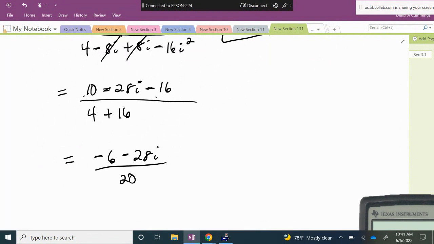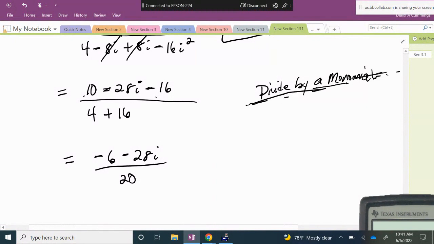All right, now from this point, I want to simplify, but I want to use this formula, right? It's dividing by a monomial, and it says that a plus b over c is equal to a over c plus b over c.